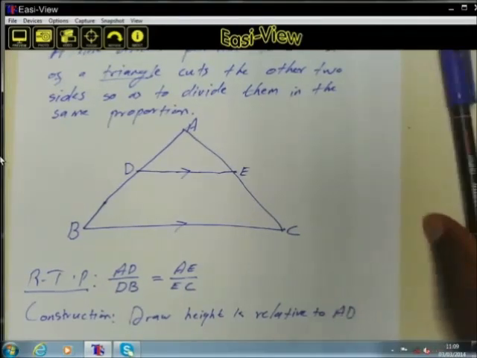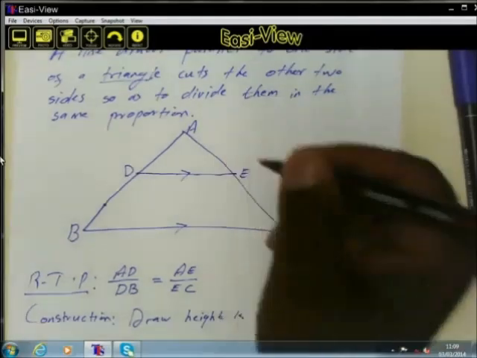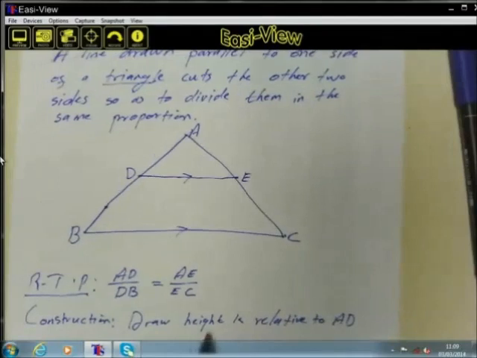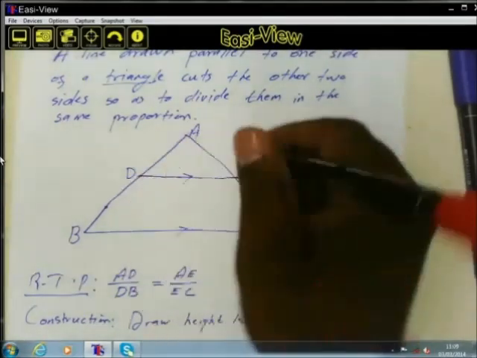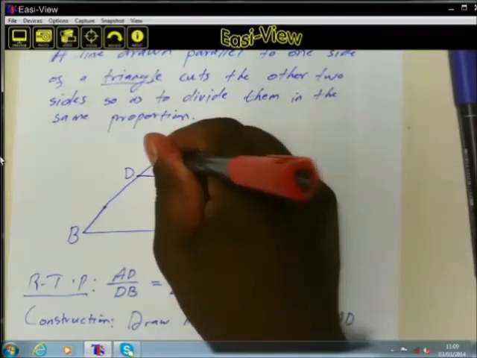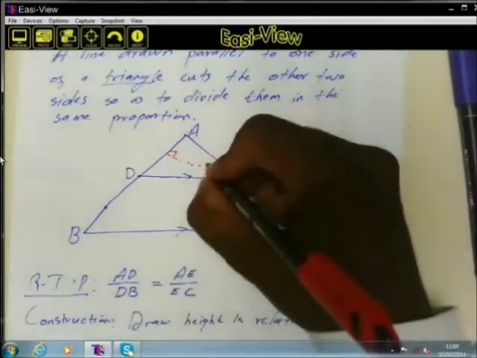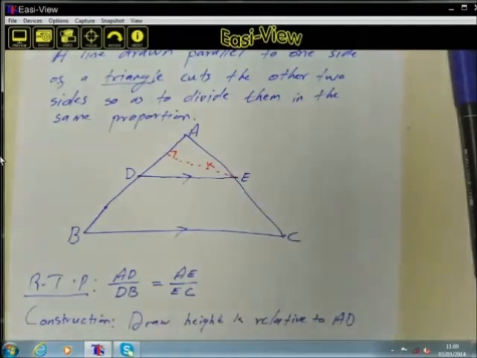Let me draw it so I can have a look at it. Here is base AD. Now I'm going to draw height K. Because it's a height, you indicate 90 degrees there, therefore this height is K.